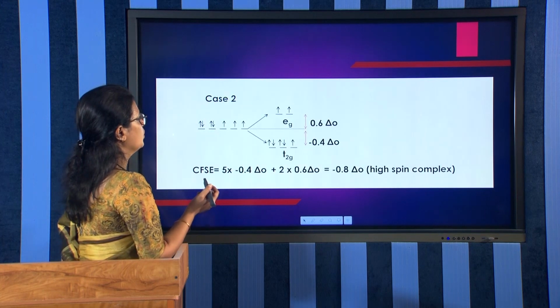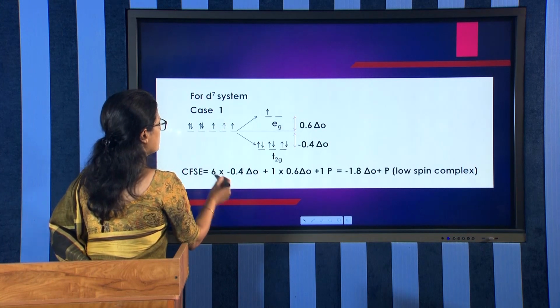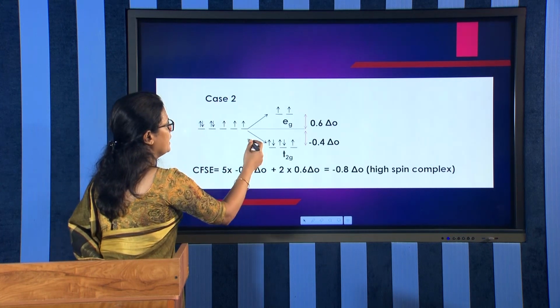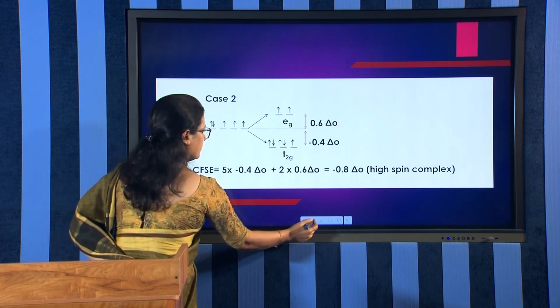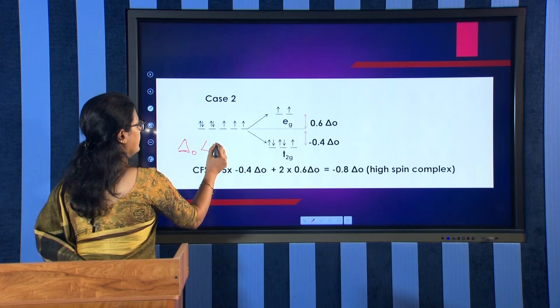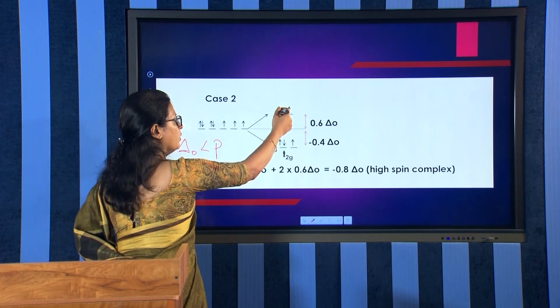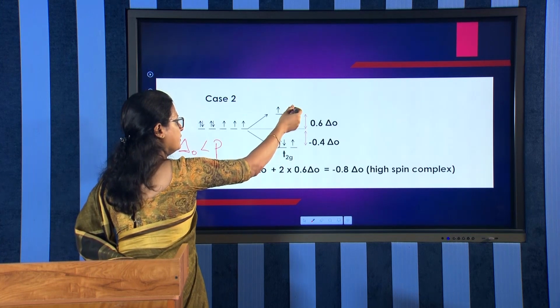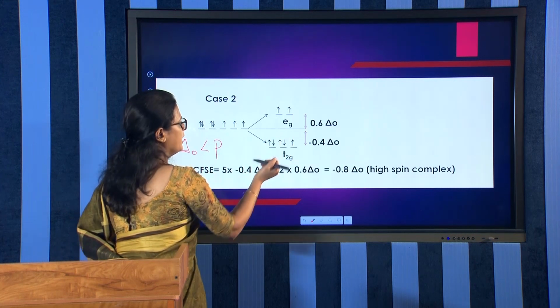In case 2, this is a high spin complex, the same d7 system. Here delta O is less than the pairing energy. Then 1, 2, 3, after the third, the fourth will go here, 4, 5, then the sixth will come here, and the seventh will come here.